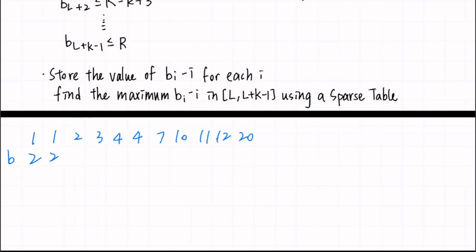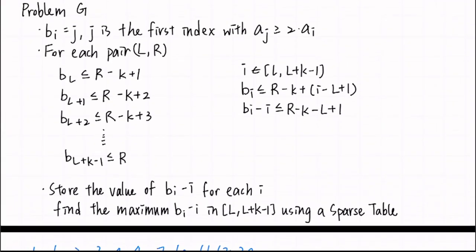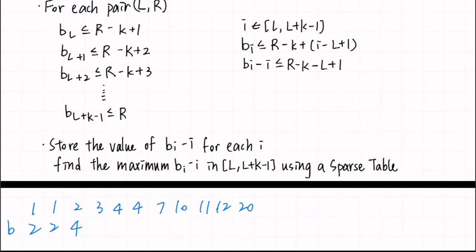And for the third value, this will be 4, since this is the first value that has a value greater than or equal to 2 times 2. And so we can find b for the other values in the same way as we did for the first three.